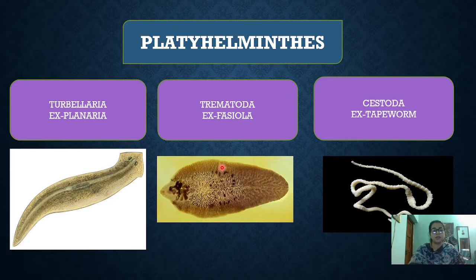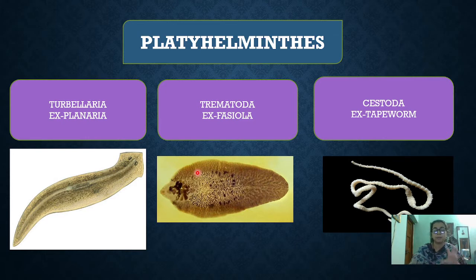Moving to the classification, they are broadly classified into three classes. That is Turbellaria, whose example is Planaria. You can see this is the example, Planaria. Trematoda, whose common example is Fasciola hepatica, that is sheep liver fluke. Why is it called sheep liver fluke?